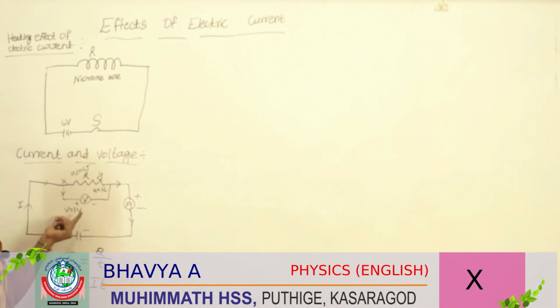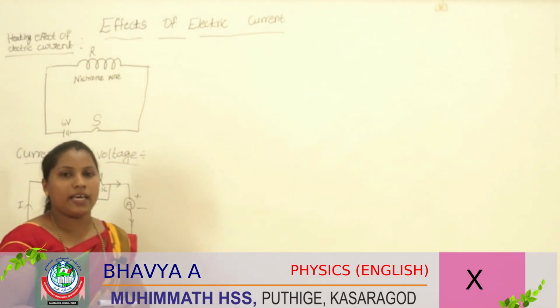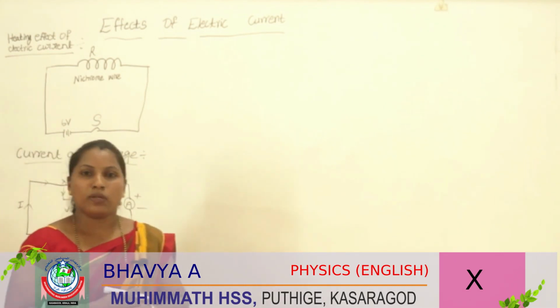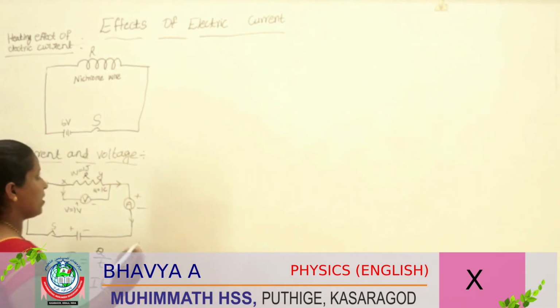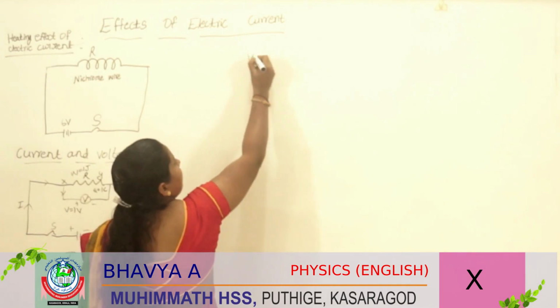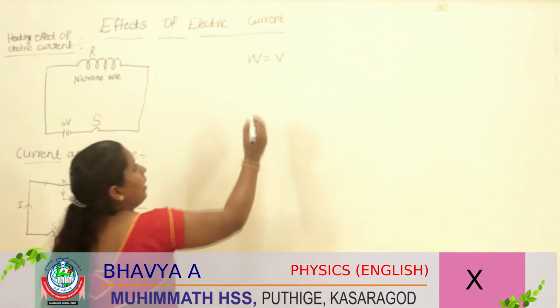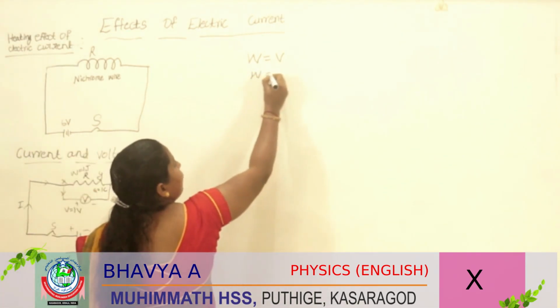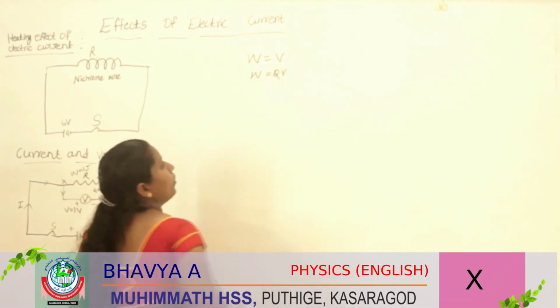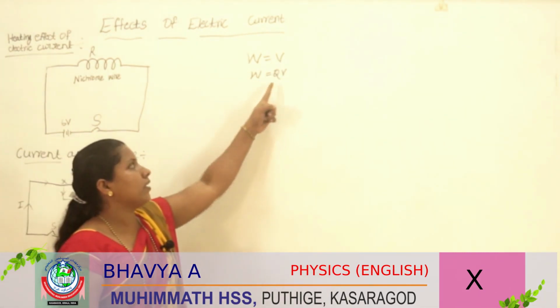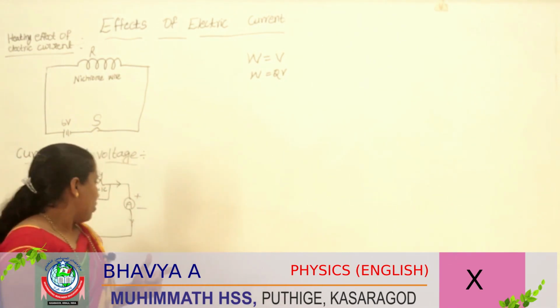So, if potential difference is 1 volt, it means 1 joule of work is done when 1 coulomb of charge moves from one point to another. We know that W is equal to QV, Q into V, that also we can write. This is charge.